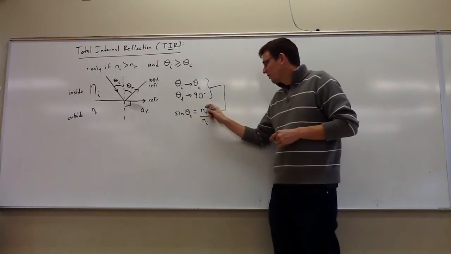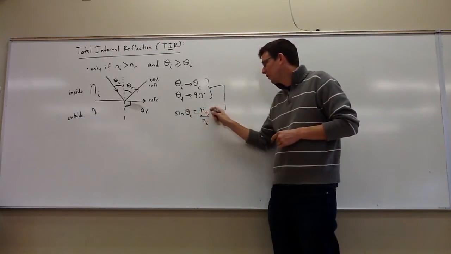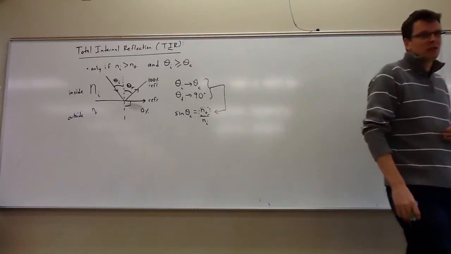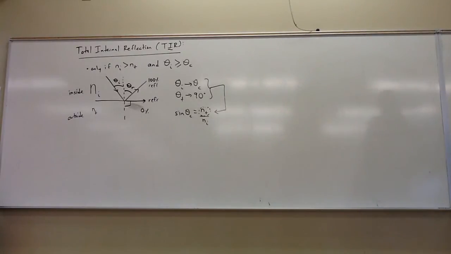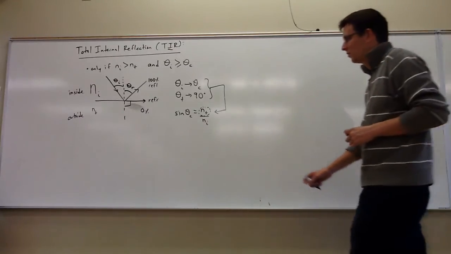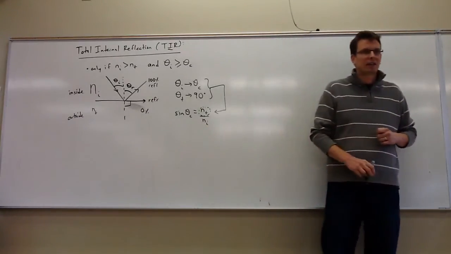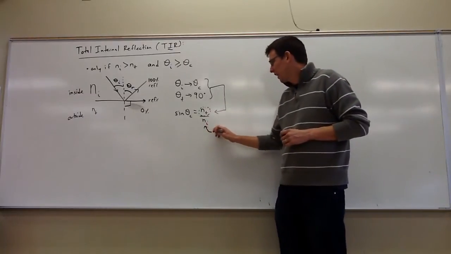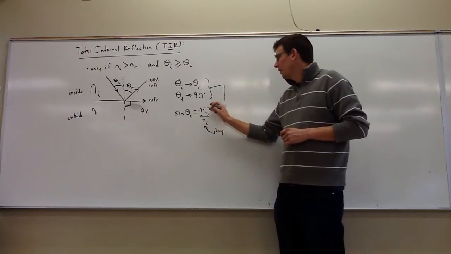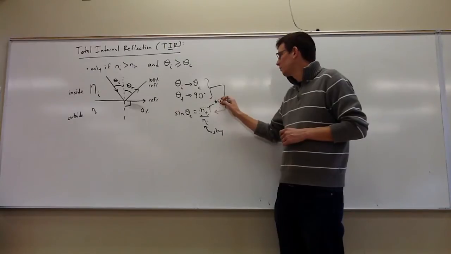So what are these things? n sub t is the material that you unsuccessfully tried to pass into. You didn't actually make it. You stayed in the material n sub i. So this is where you stay, and this is where you tried to go.